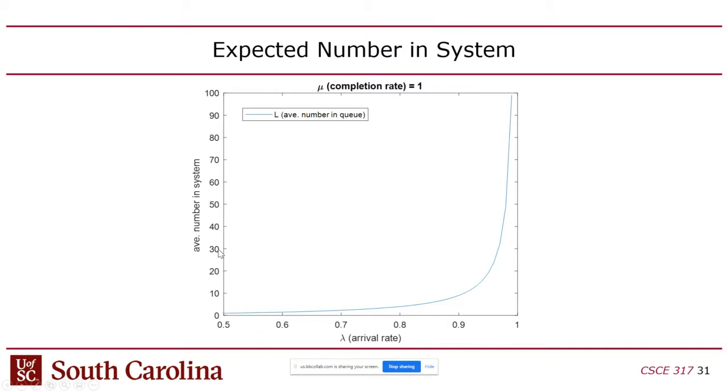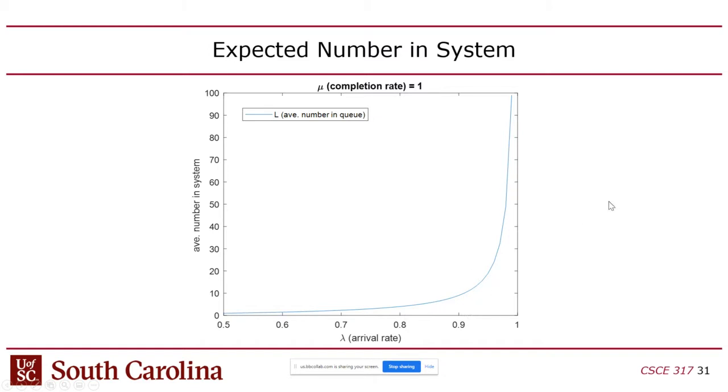And check this out. Number in the system, look at that. As lambda gets to about 0.85, I already have 10 customers in the line. But if I keep increasing lambda, it just shoots straight up really fast.